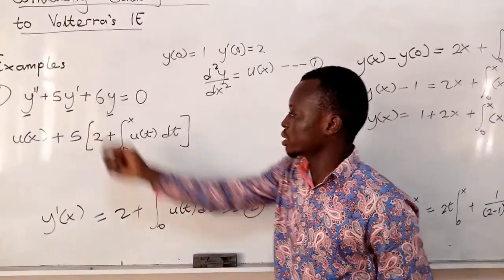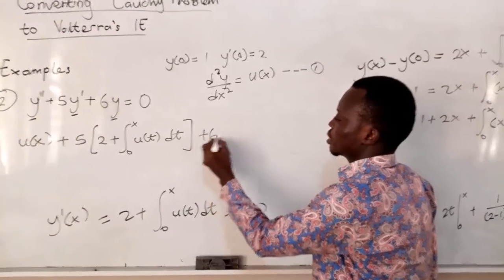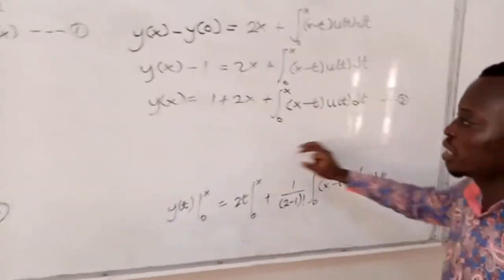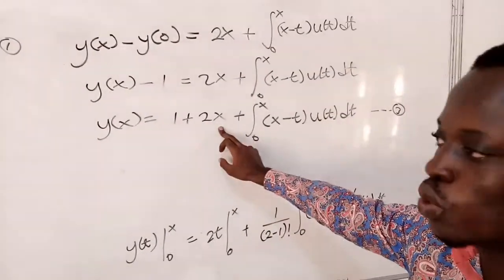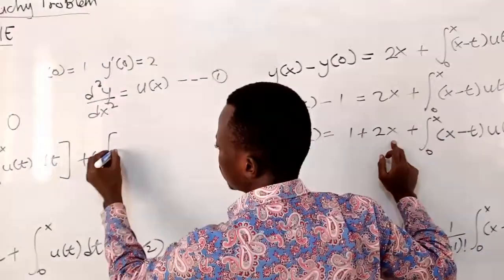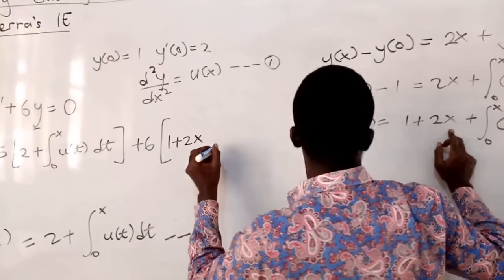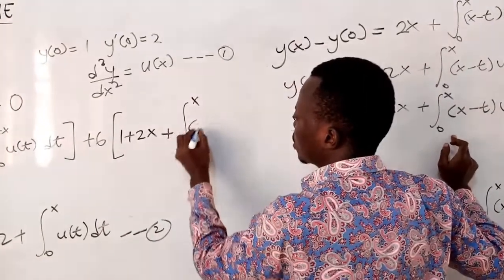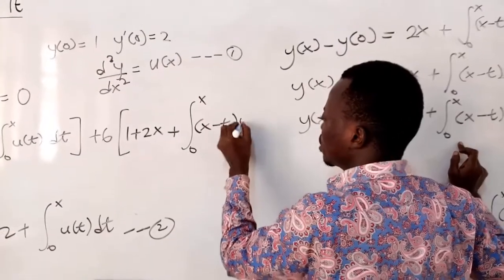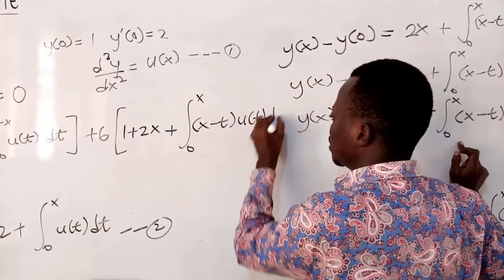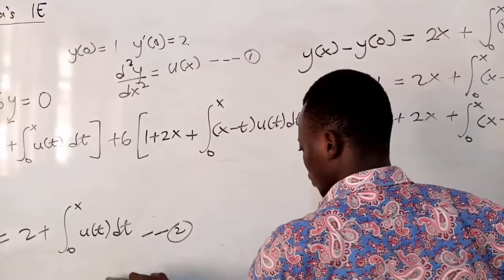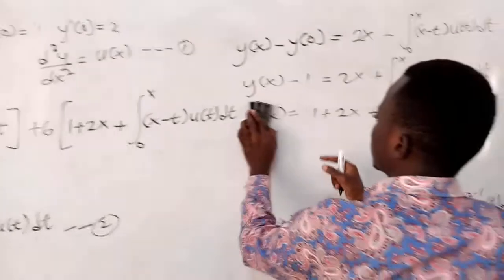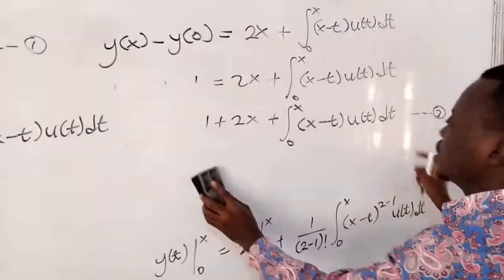And the next one is plus 6 times the bracket of equation 3, which gives us 1 plus 2s plus the integral from 0 to s of (s minus t) u of t dt.